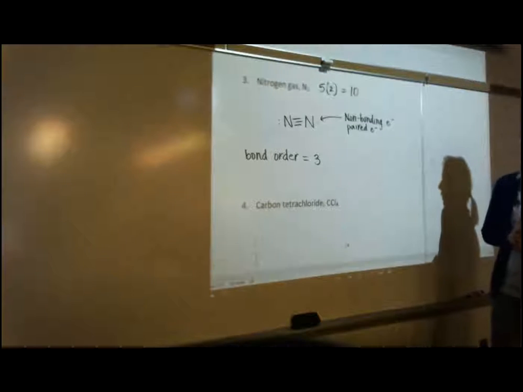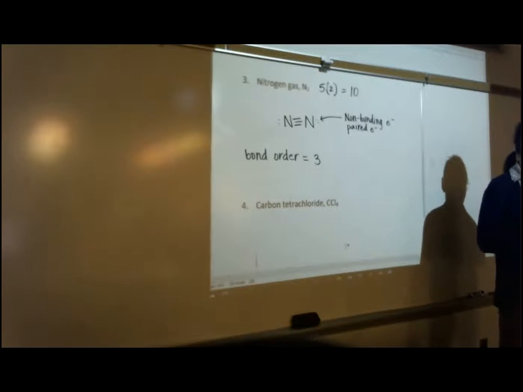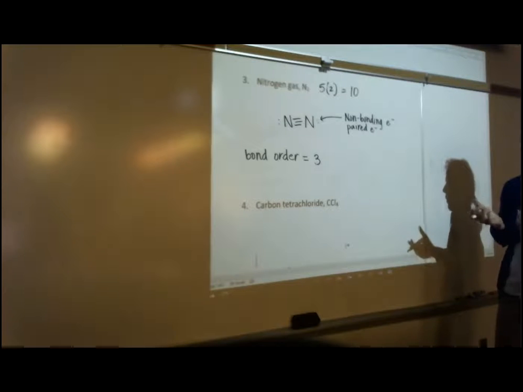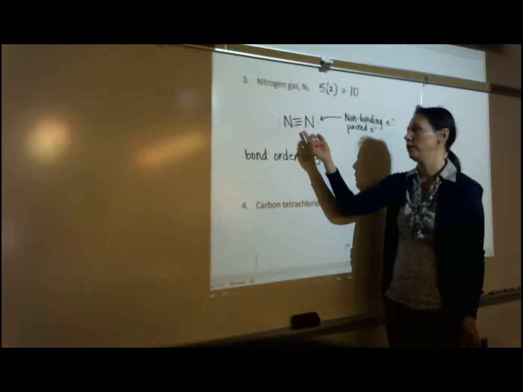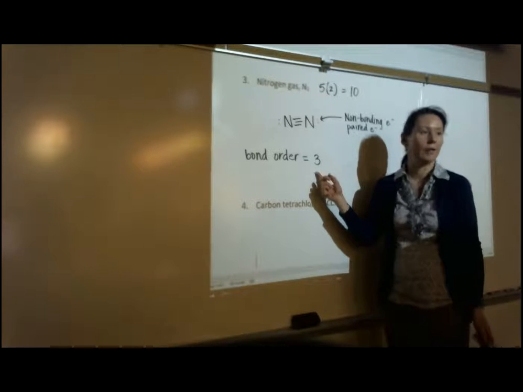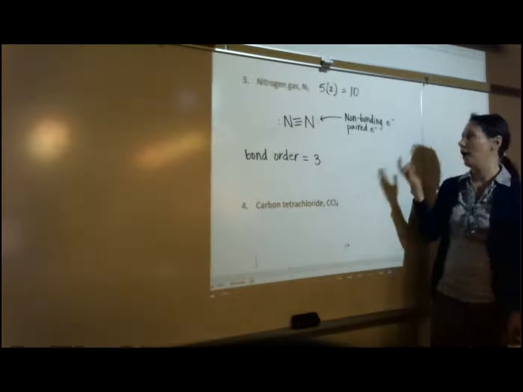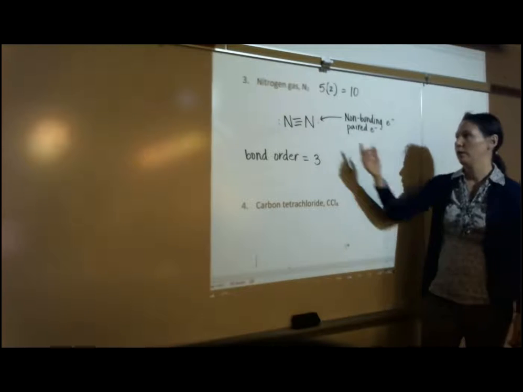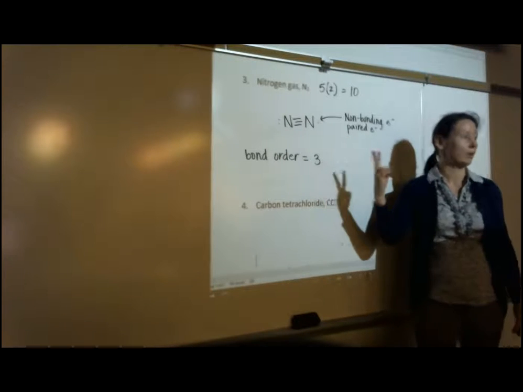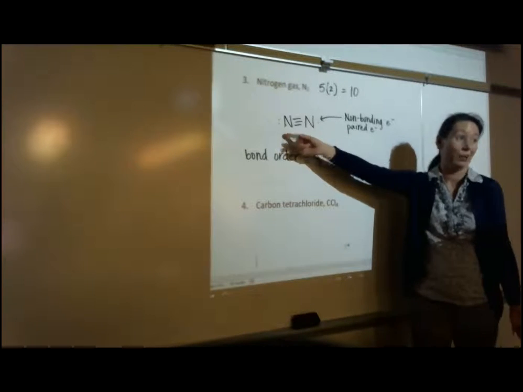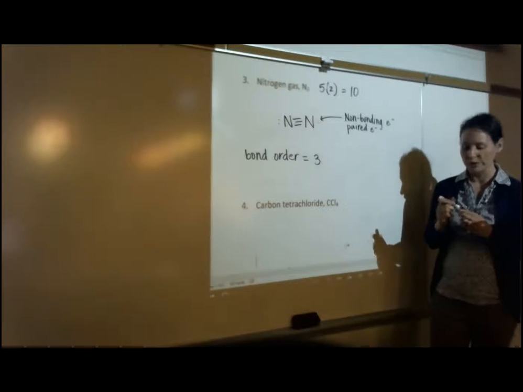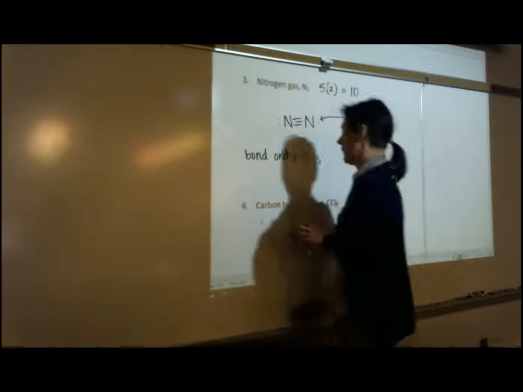So if you see questions like that on the homework, those are just vocab words. If I asked you, what's the bond order in N2? You would say bond order is 3. If I said, how many pairs of non-bonding electrons are there? 1 pair, 2 pairs. There are 2 pairs that are not bonding. These electrons aren't in a bond. They're just hanging out. So if you see questions like that on the homework, that's what it's referring to.